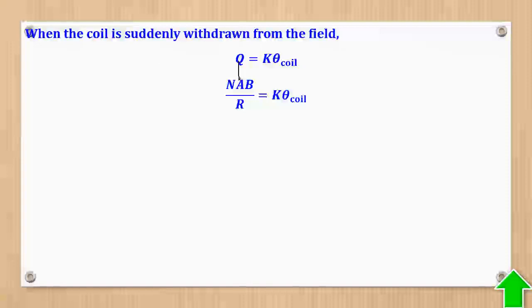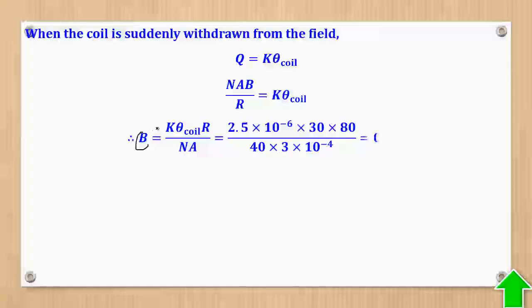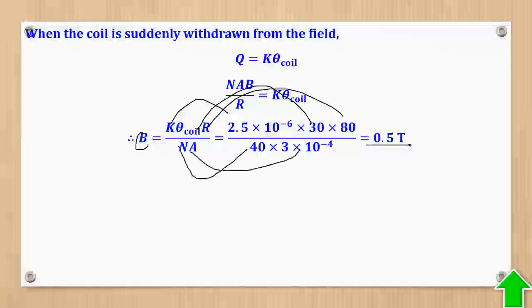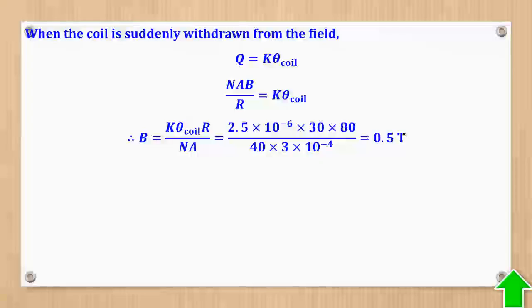So when the coil is suddenly withdrawn, it means that Q is NAB over R. So come and substitute where there is Q, NAB over R. So shall make B the subject, and then you substitute constant theta, resistance, number of turns, and area to give you 0.5 Tesla.